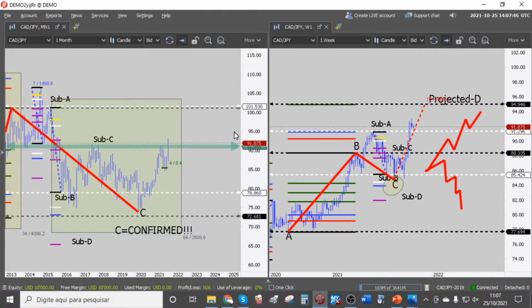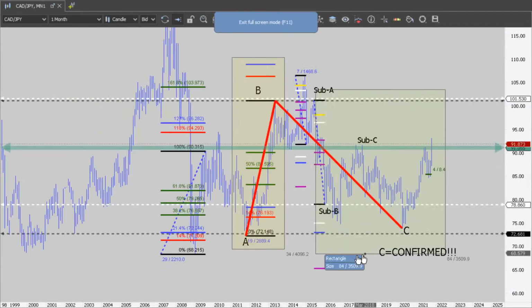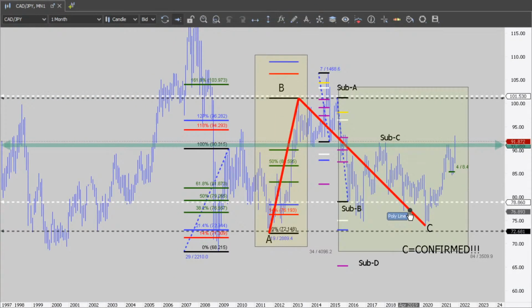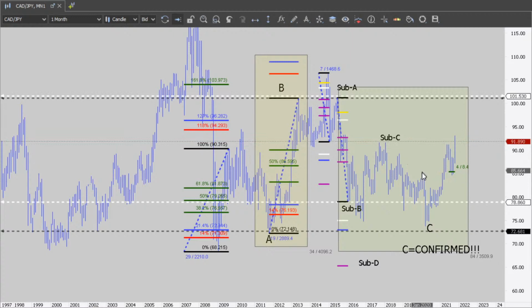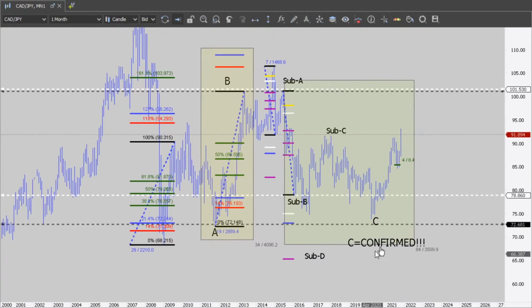We have the monthly, the weekly, and looks like we don't have the daily. Anyway, everybody, this is Canada JPY on the monthly chart. So we have the ABC. See everybody in here? C is confirmed.